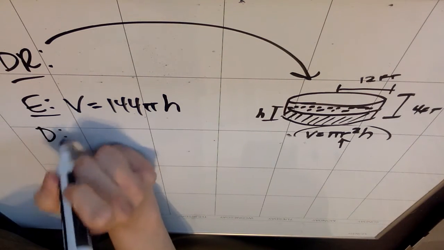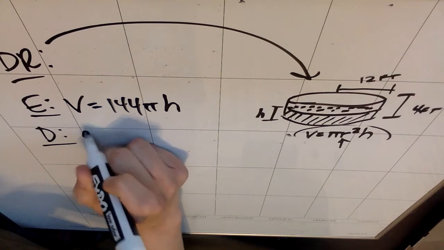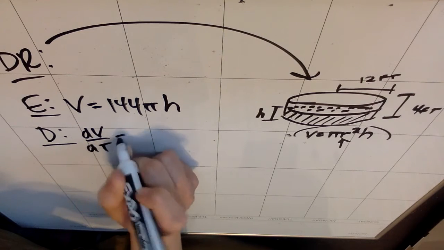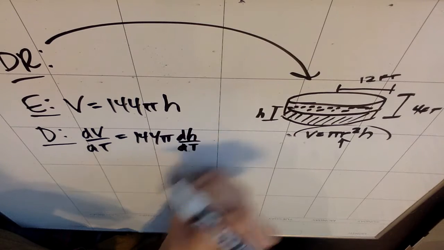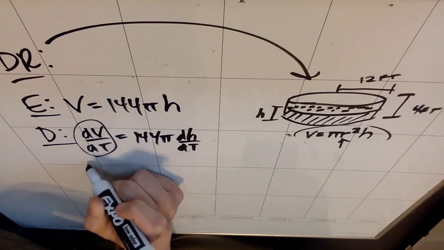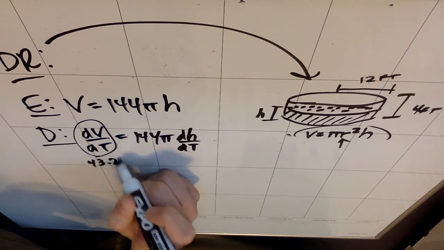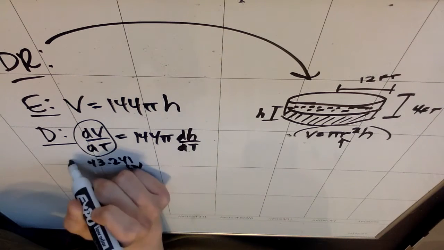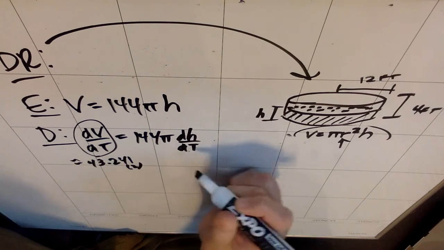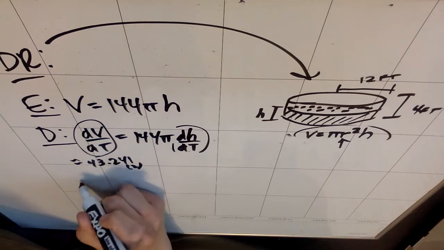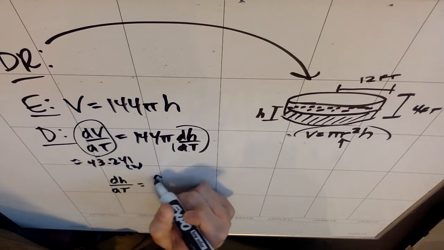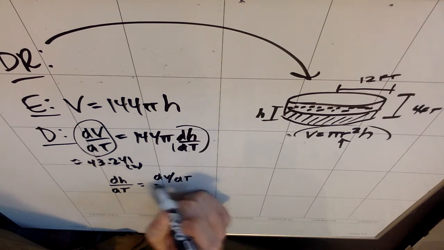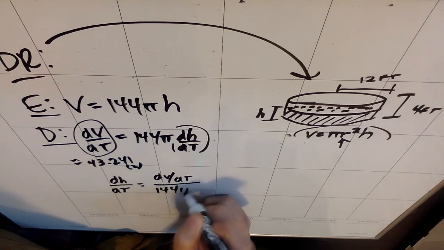I then differentiate my formula with respect to t, so dV/dt equals 144 pi dh/dt. And I found dV/dt already. This was 43.241 or 2, approximately. And they want dh/dt. So essentially, my dh/dt is just the dV/dt that I just found divided by 144 pi.